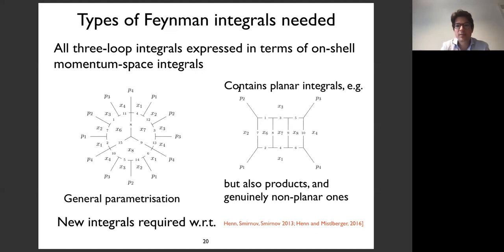And the upshot is that we get integrals that do look precisely like the integrals that we know very well, like a triple ladder integral. But we also get integrals like these, which look a little bit non-planar, although they can be very conveniently described by dual coordinates. Anyway, the upshot is that the integrals are similar to ones that are known, but somewhat different and also more complicated. So we had to have a separate calculation.